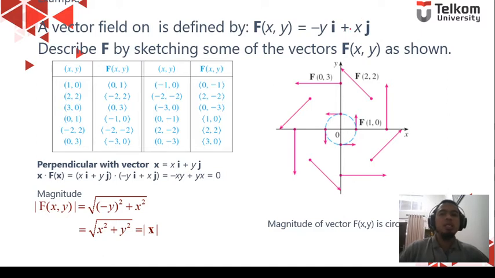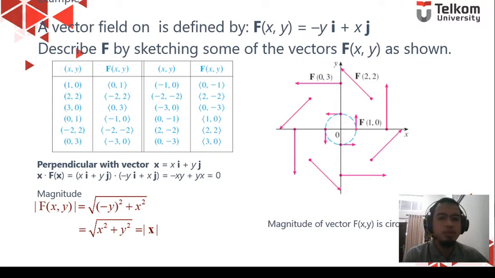As we can see here, we can make a table for the point x, y. For example, x equal to 1 and y equal to 0, the point 1, 0.